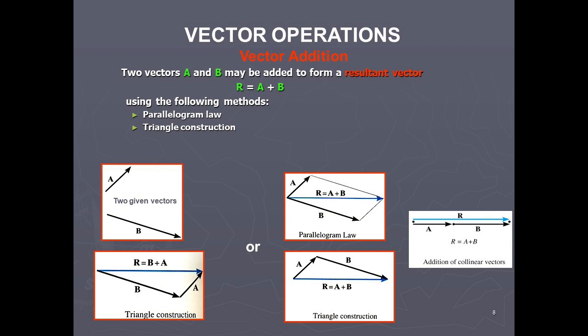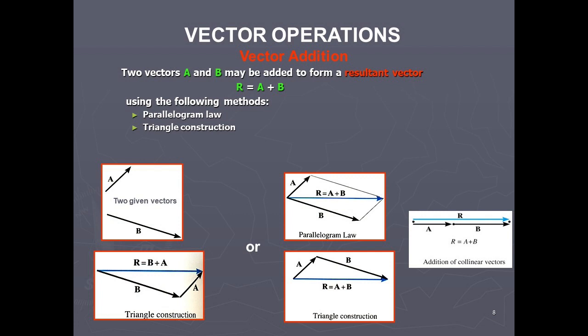But you can see the diagonal, sorry, the resultant. Now, if you see very well, this vector is equal to this. So that's why we just put A here. The resultant here is always touching the tail of one vector, tail to tail, and the other one head to head. This is very important.